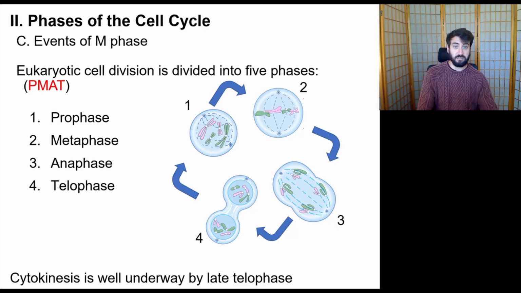There's also another process called cytokinesis that happens at the same time as telophase, and we'll talk about that later. So a handy way to remember prophase, metaphase, anaphase, and telophase is you can say PMAT. Okay? Oh, that should say 4 phases, not 5 phases. It's 4.